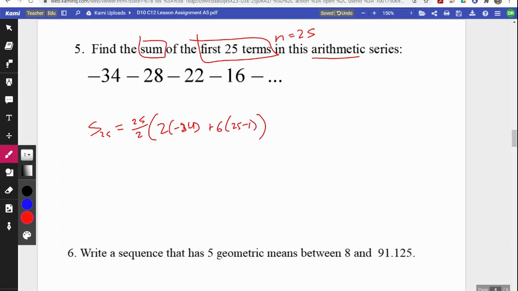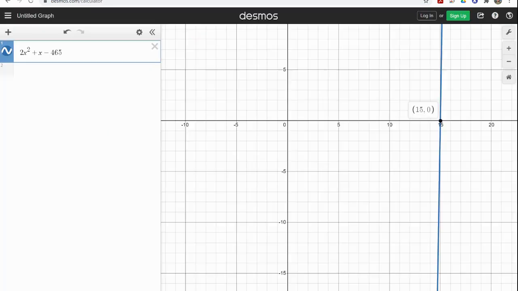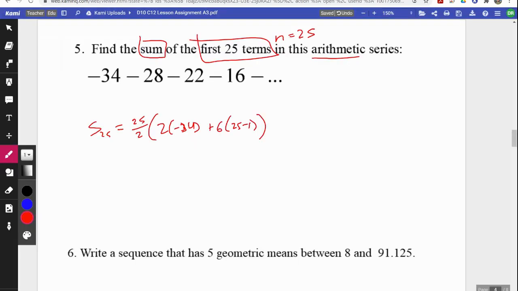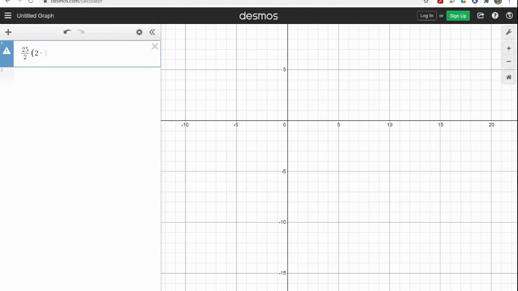And then this we can just put into Desmos, just a calculator. 25 divided by 2 times 2 times negative 34, and then plus 6 times parentheses 25 minus 1. All right, Desmos should be all right there. You get positive 875.